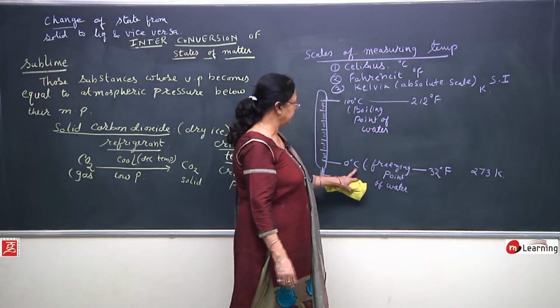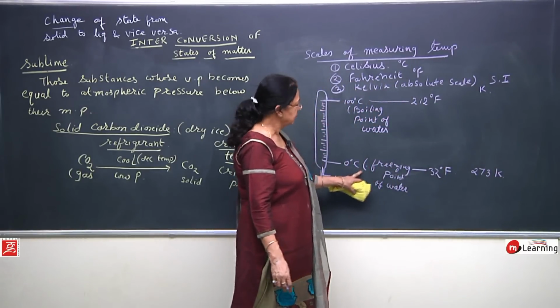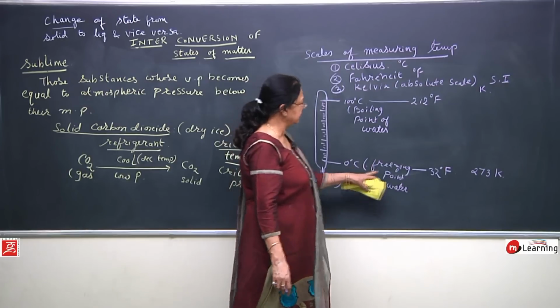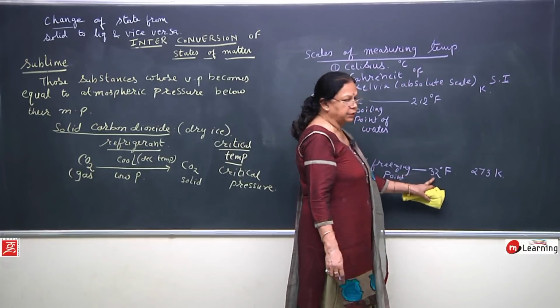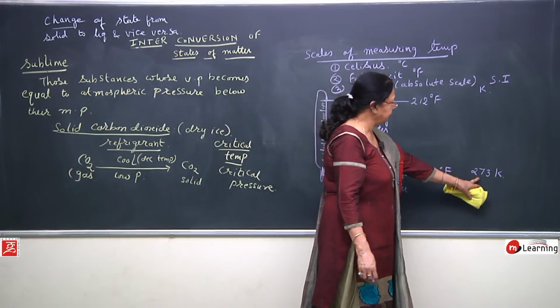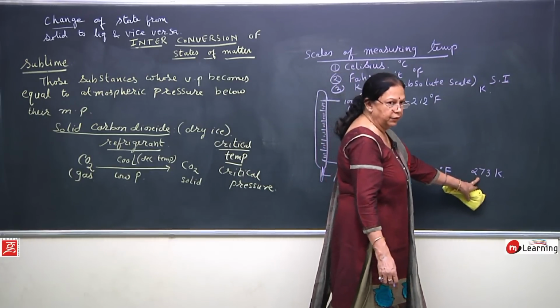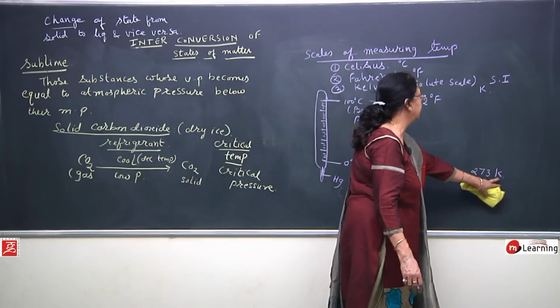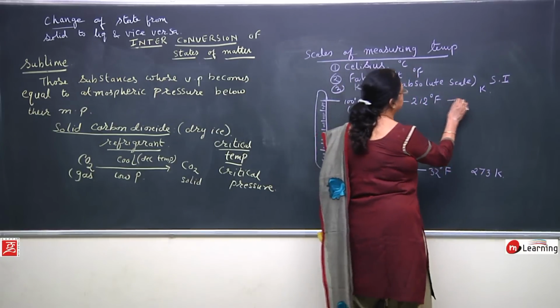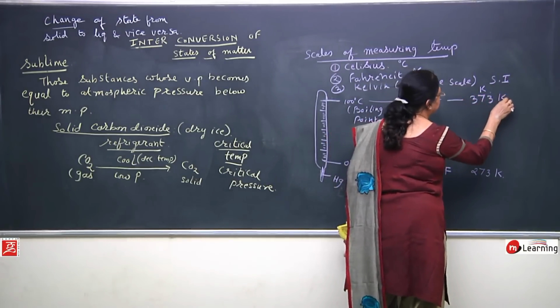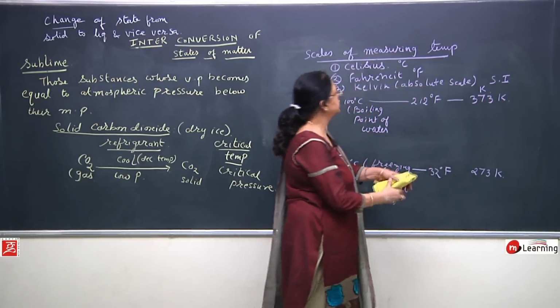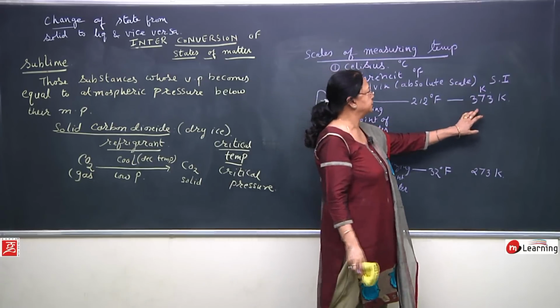Means 0 degree Celsius, if we express it in Fahrenheit, then it will be 32 degree Fahrenheit, and if we express in Kelvin unit, then it will be 273 Kelvin, and here it will be 373 Kelvin, and this is called as absolute scale.